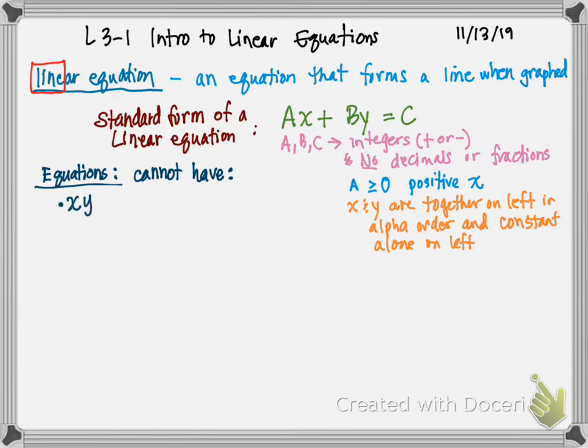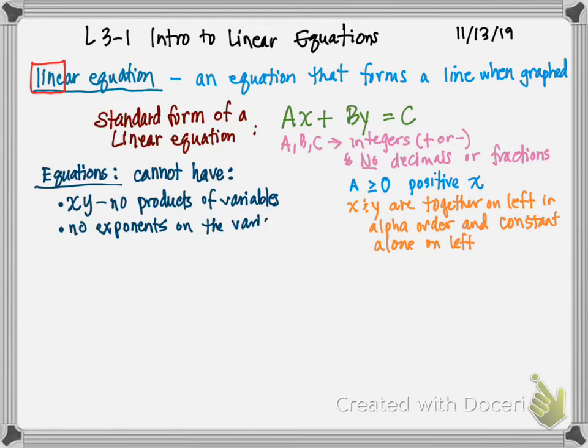That won't give you a line, okay? So no products of variables. All right. You can have no exponents on the variables. That's not going to give you a line. And you can have no variables in the denominator, because that won't give you a line.